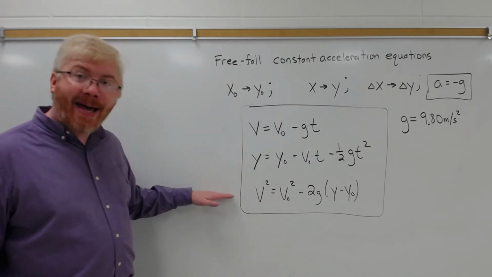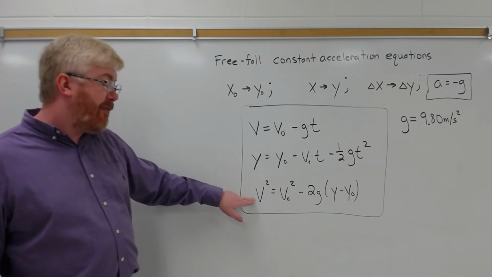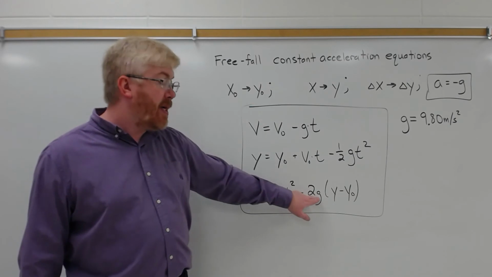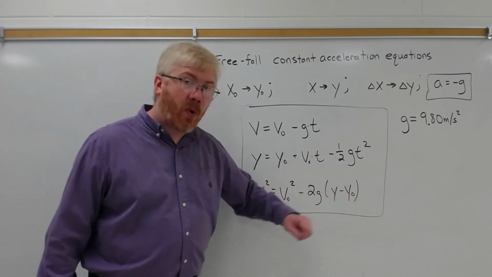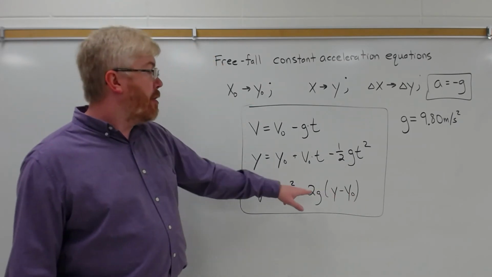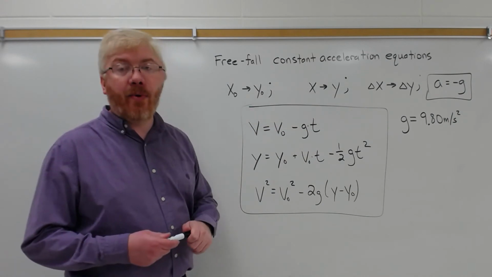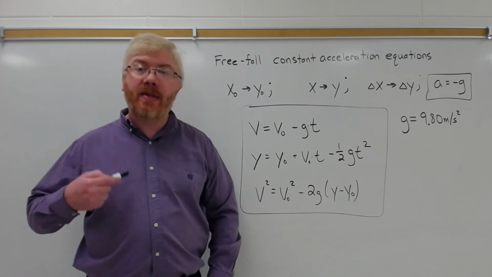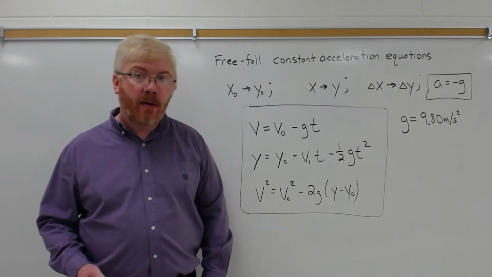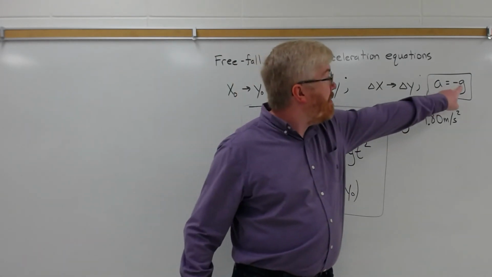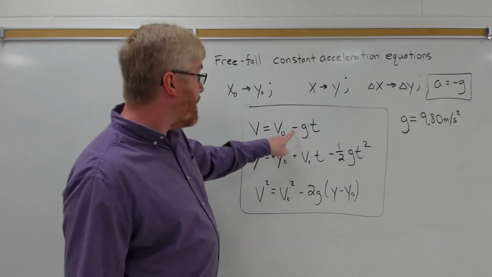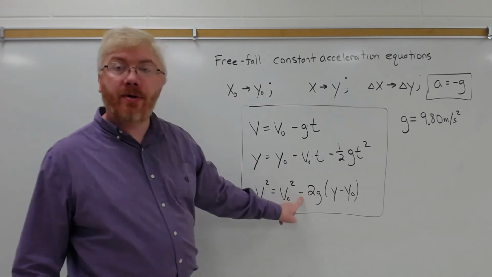And then finally, the last equation: the final y velocity squared is equal to the initial y velocity squared minus 2 times g times the quantity y minus y naught. Now g, remember, is positive 9.8 meters per second squared. So g is the magnitude of the acceleration due to free fall. That's the magnitude. The direction is given by the negative sign, which is why these symbols turned into negatives rather than positives.